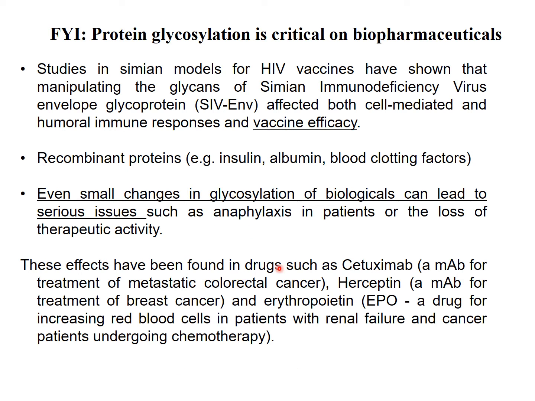Now, drugs. Cetuximab, I don't know whether you have learned about it, is a colorectal cancer drug. Herceptin is a breast cancer drug, very important. And they are monoclonal antibodies. You remember, antibodies are glycoproteins.